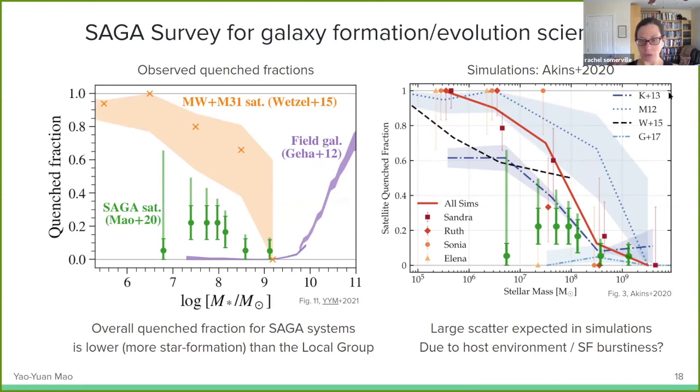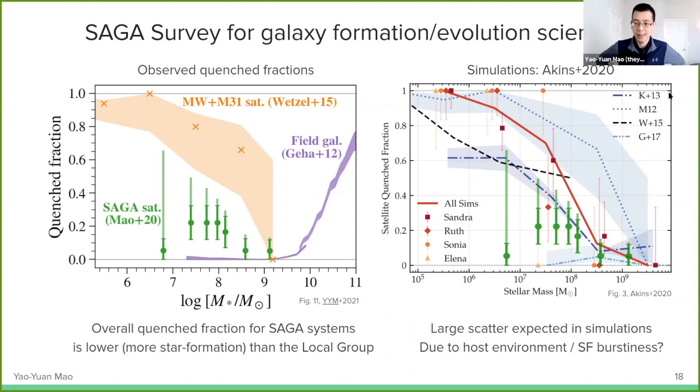Does it have to do with the orbits of the satellites? Does it have to do with something with the cosmic web or the orientation of filaments? What is the physical cause of this result in the simulations?